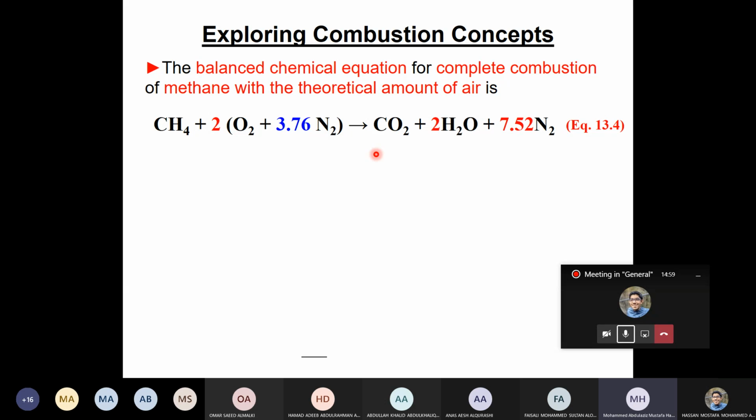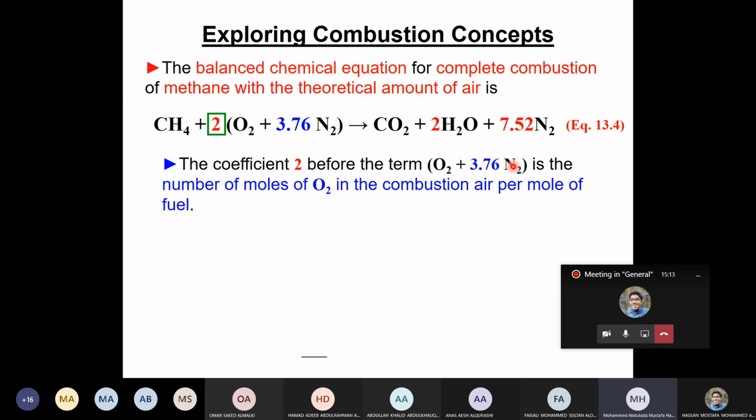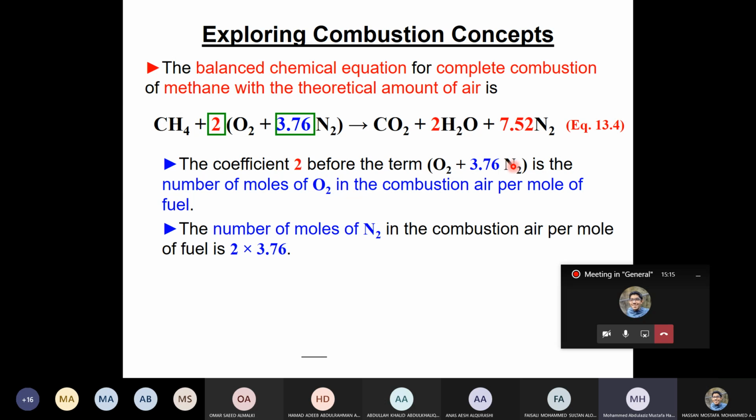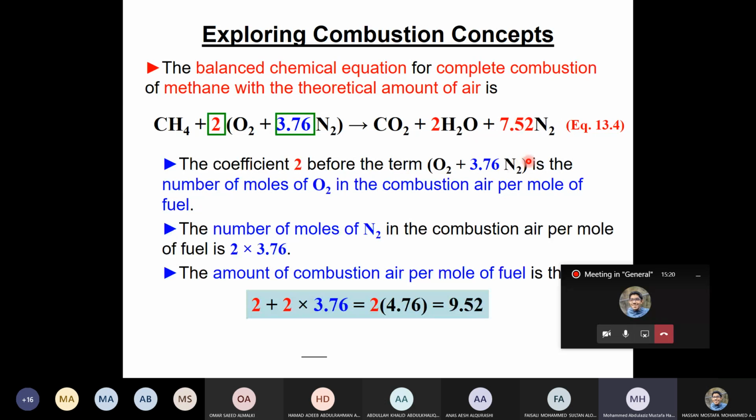Then balancing the oxygen, you get this value. Then get the amount of nitrogen. So these are the steps to write the equation for a theoretical amount of air for complete combustion of fuel, and in this case the fuel is methane. This is how to get this equation.